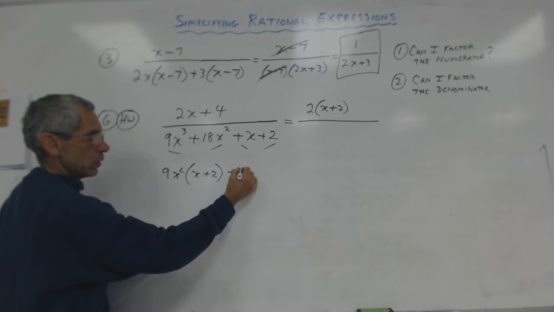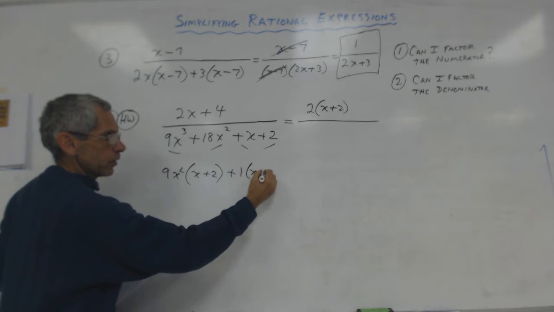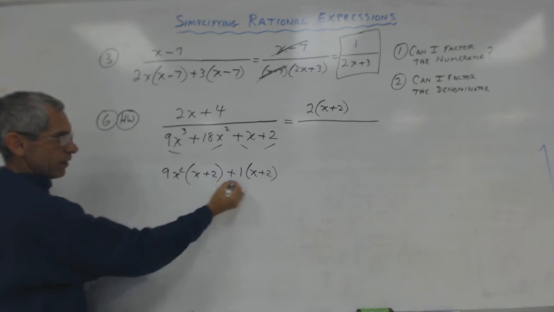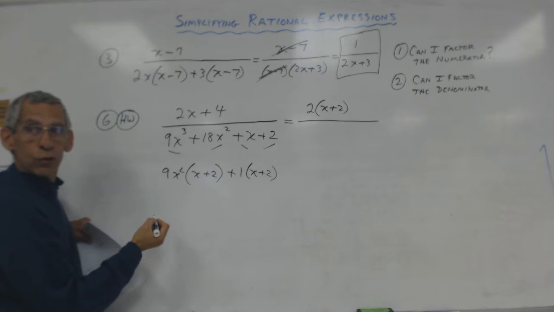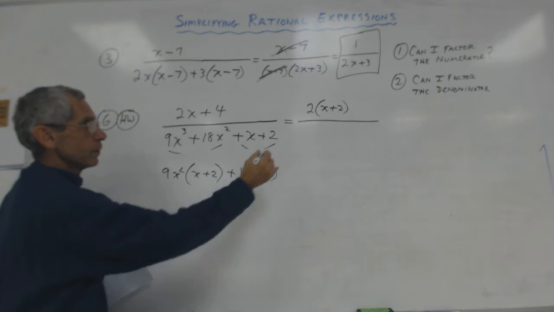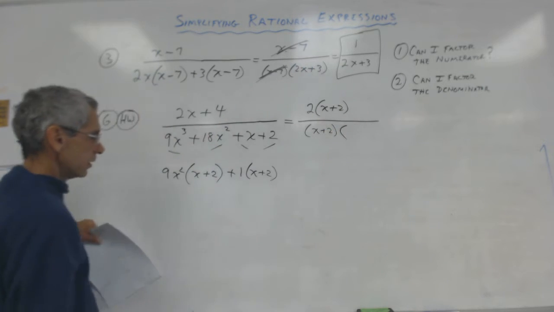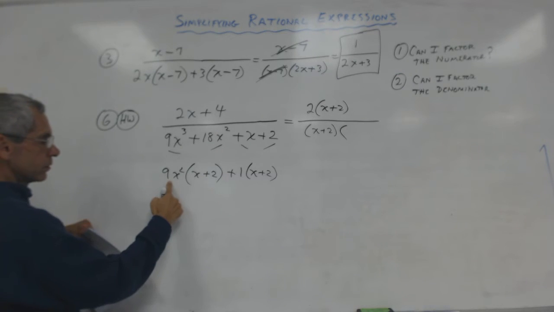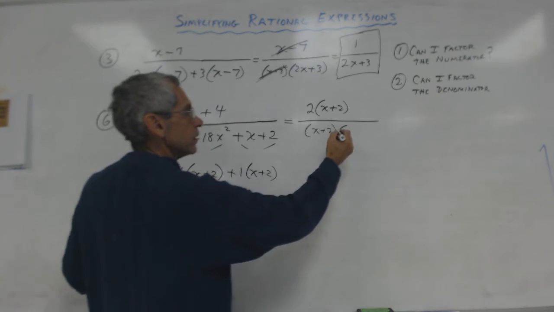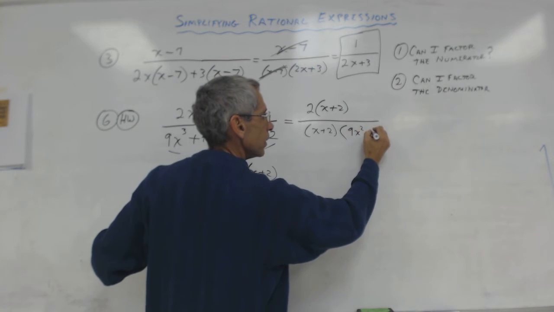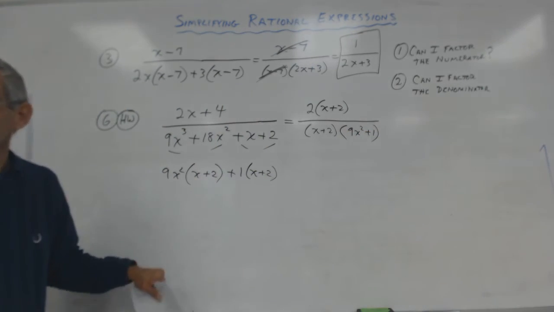What can I put here? So 1 times x plus 2. Then if I factor by grouping now, x plus 2, parentheses, 9x squared plus 1. Beautiful.